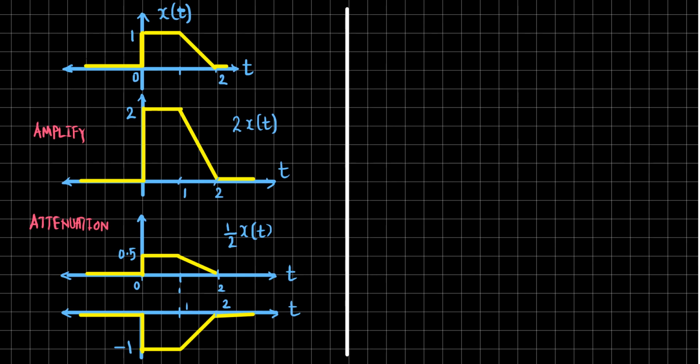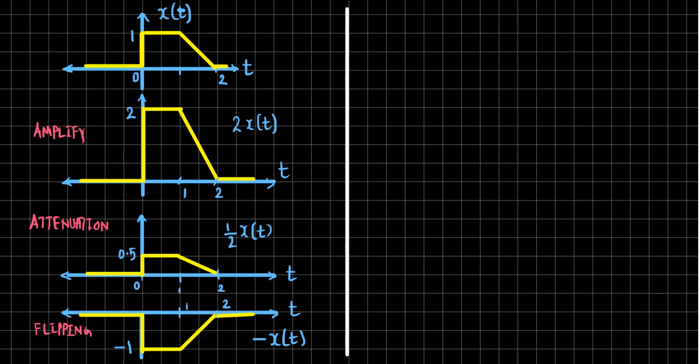We can express this signal as minus x of t. Why minus? Because the signal that was 1 here has now obtained a value of -1. The signal that was, suppose, 0.5 here has now got the value of -0.5 and so on. So this signal is obtained after the operation of flipping. But this flipping is done along the dependent axis.